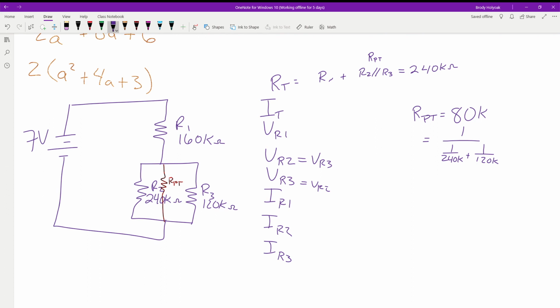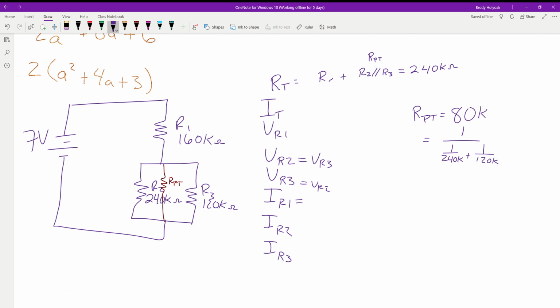Now the other one I heard was talking about current. Not just the value, but what is R2 and R3? What current is that?